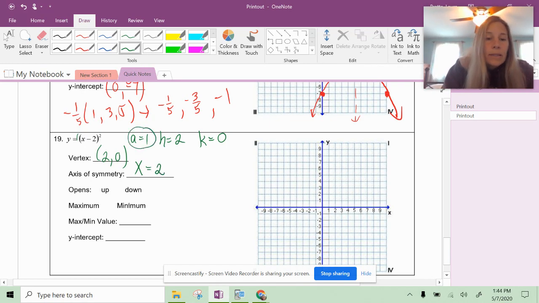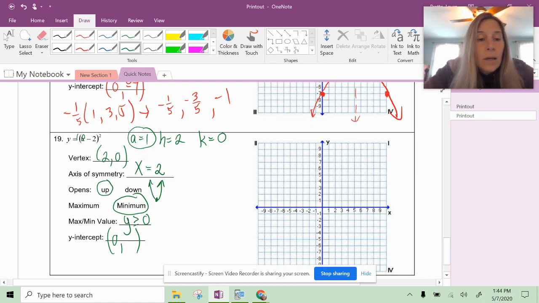This has a positive a value, so it's going to open up, which means it's going to have a minimum. The range is all the y values are going to be greater than or equal to that minimum, which is 0. And my y-intercept is what I get when I put the 0 in for x. So when I put a 0 in for x, I have negative 2 squared, which is positive 4.